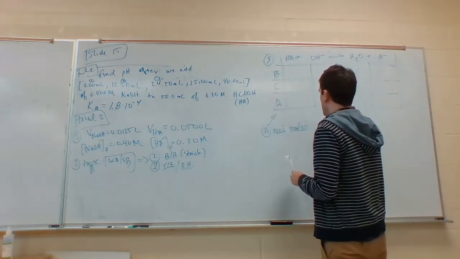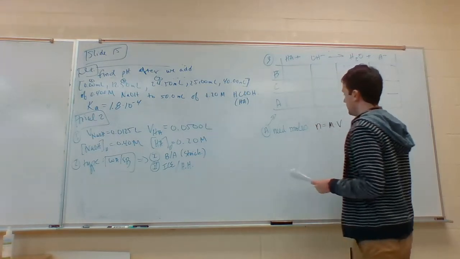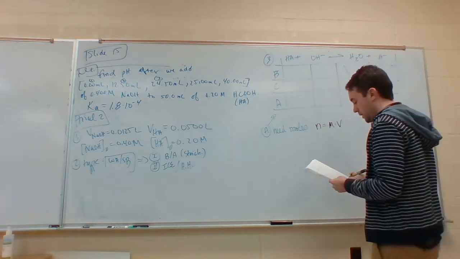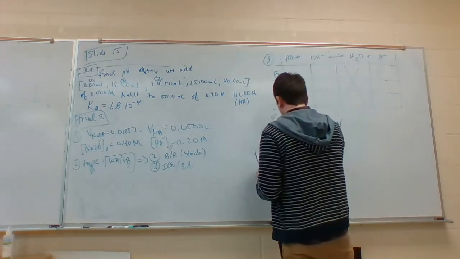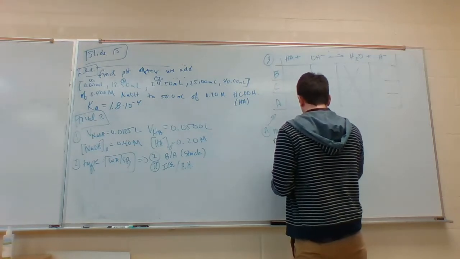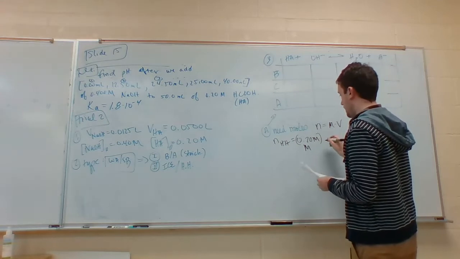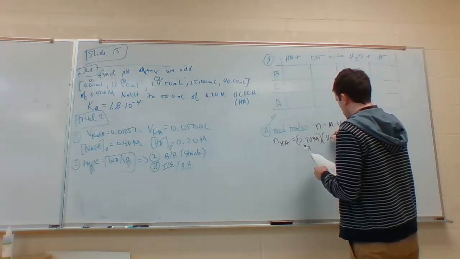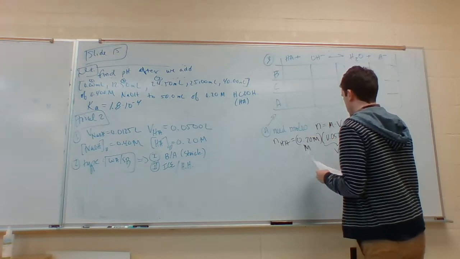If you remember, when we get moles, we're going to take n is equal to M times V for each species. So in this case, we have n of HA is equal to 0.20 molar, that's going to be our M for HA, and then 0.050 liters, which was our volume for HA.